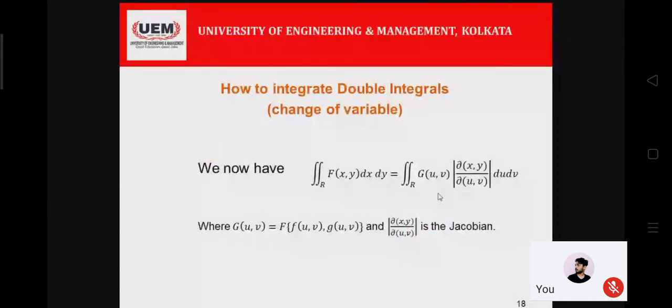It's g of the new variables, del x del y, the old variables on top, new variables below the line, and du dv, these are the new variables. So just have it with you, and now moving to the last problem.